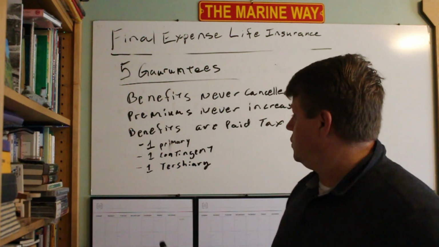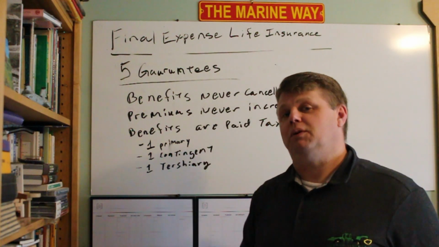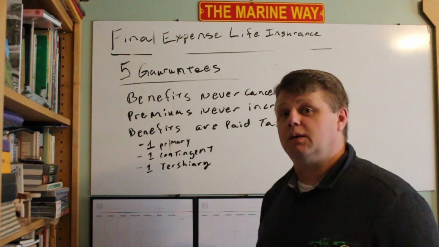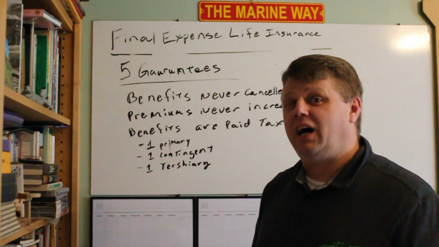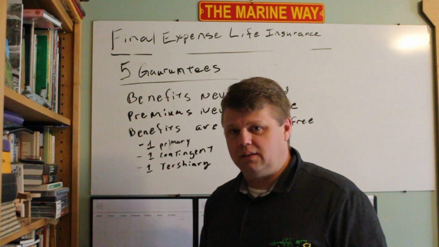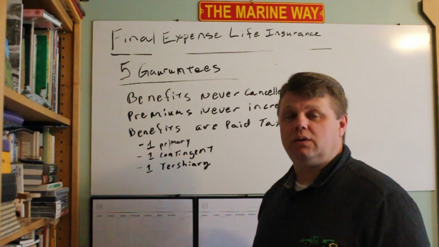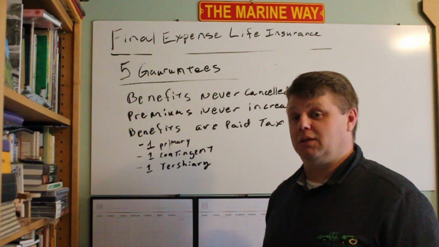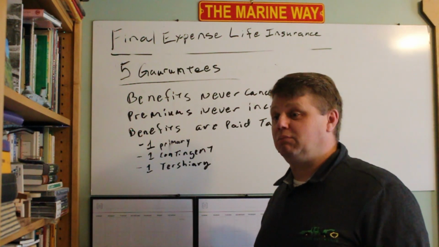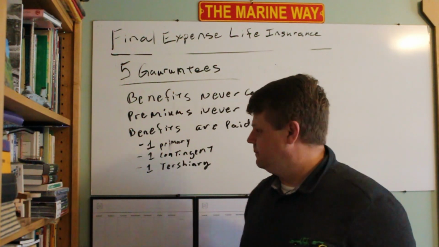Right? So, primary is the first person that you're going to designate as getting the benefit. So, this is oftentimes a husband, a wife, your spouse, a child, a grandchild, a close friend, something like that. The contingent is the one that you're going to name in the event that something were to happen to both you and your primary at the same time, or God forbid your primary passed away before you did.